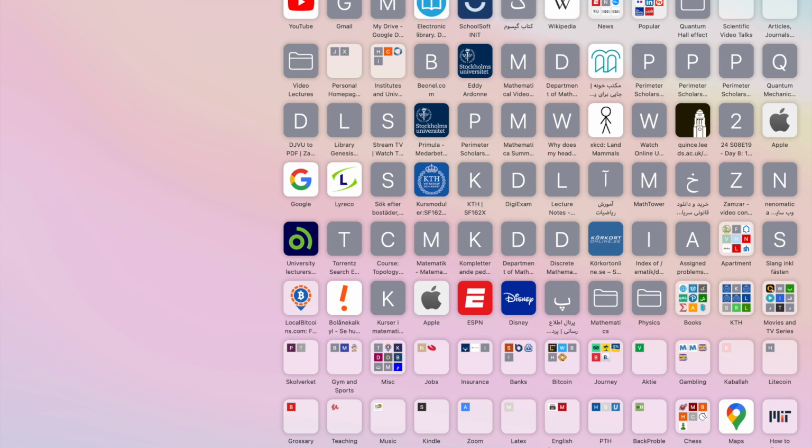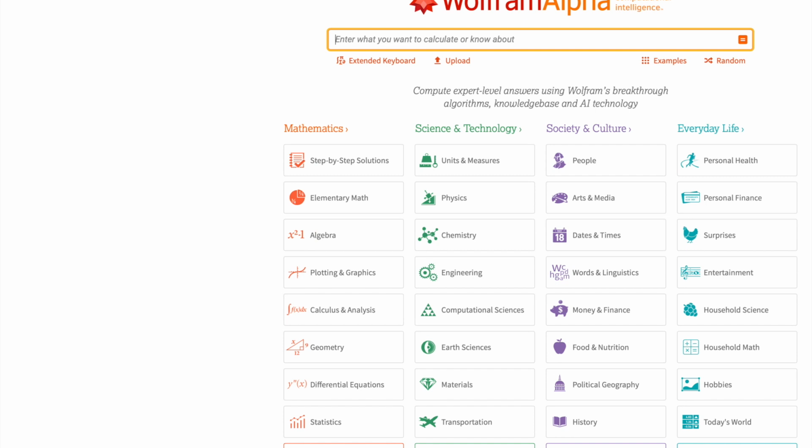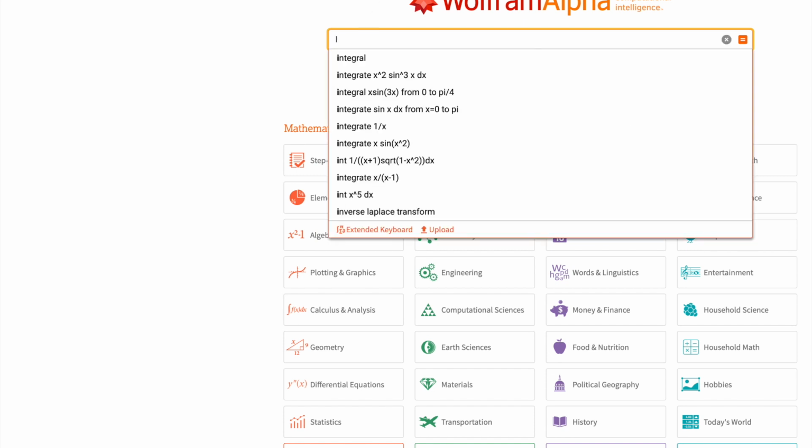Let us see what happens if we go here. Wolfram Alpha also is good at calculating this. I think they are using AI, so they more or less understand what I mean. I don't need to write the exact syntax. So integrate. Of course, this is based on Mathematica, so I somehow know how Mathematica works.